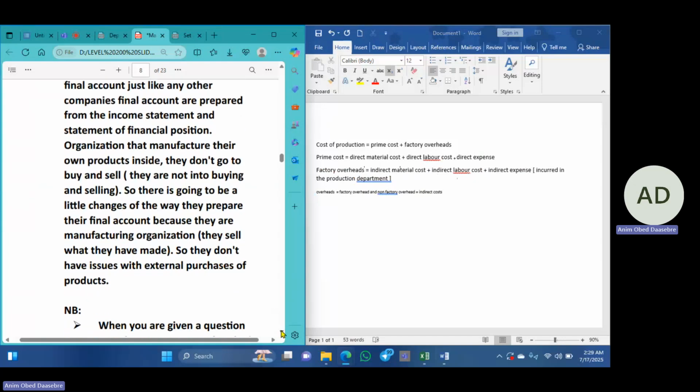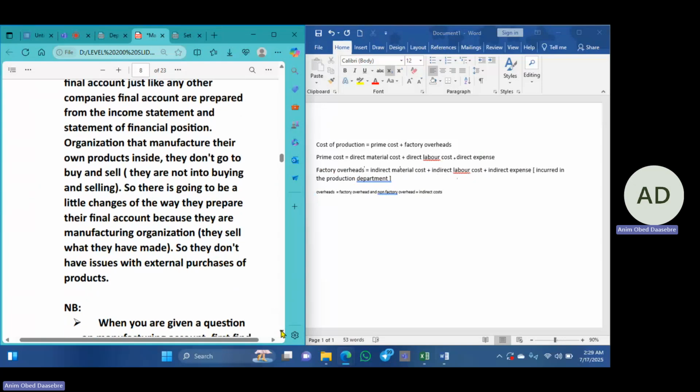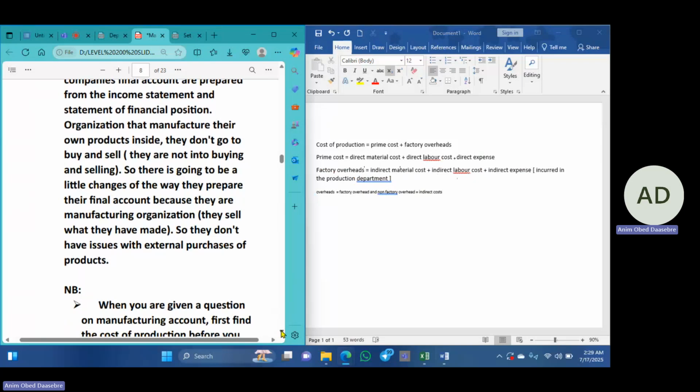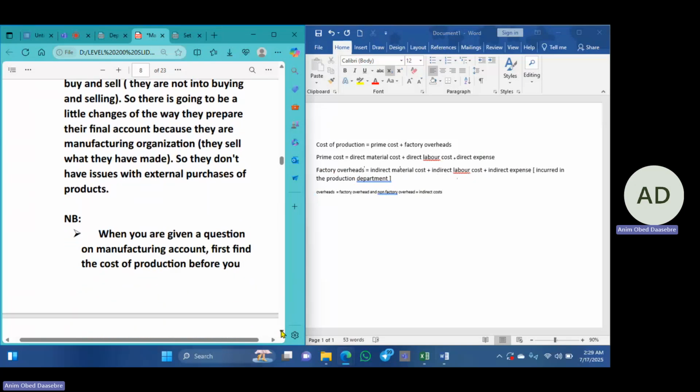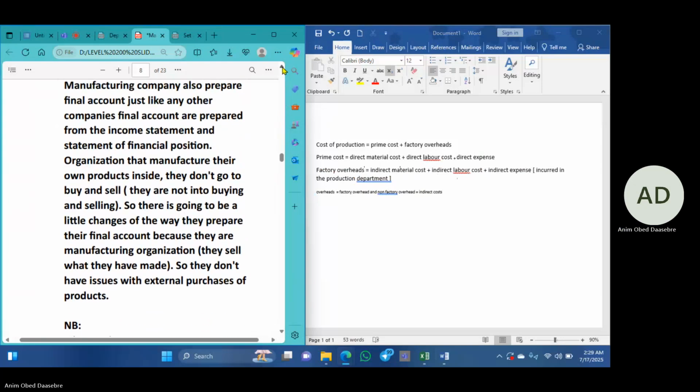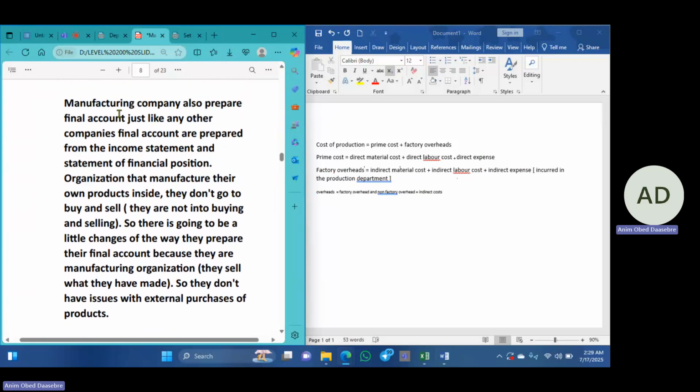So when there are transfers at a profit, you need to find profit on that so that we can find the selling price of the item that will be transferred to the sales department. You get it?